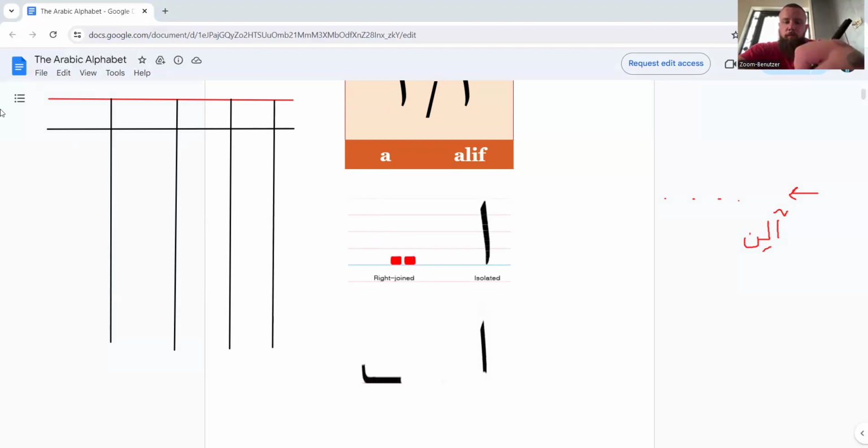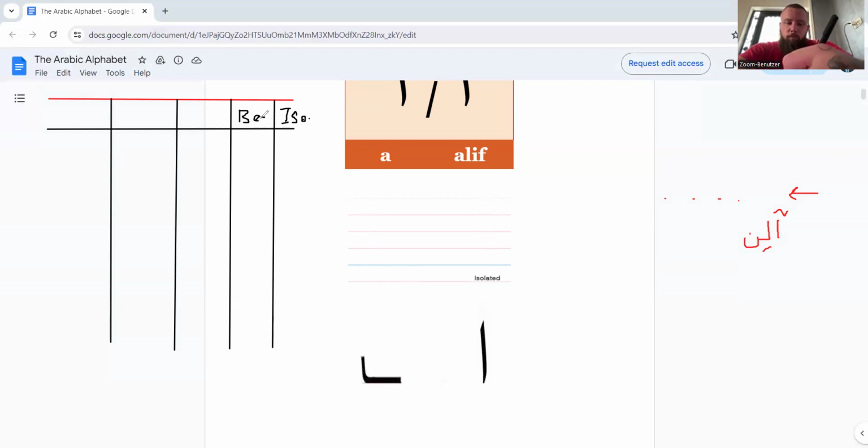It will be useful if you write this in your notebook as well. So let's start from the right side. We have the letter when it's isolated on its own, like when we are learning it. So ISO. And we have the beginning.